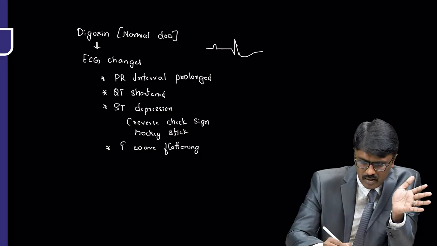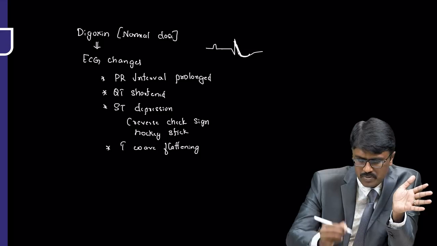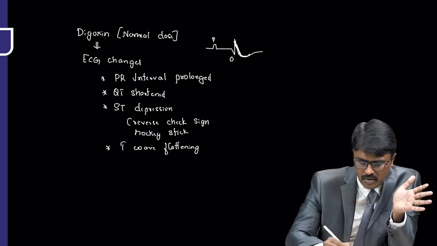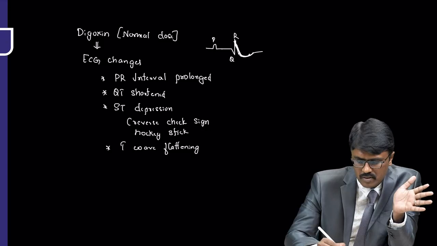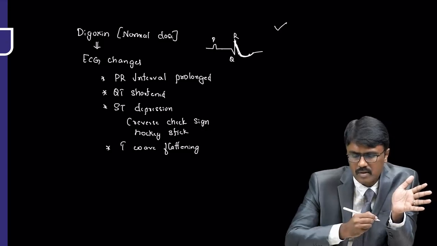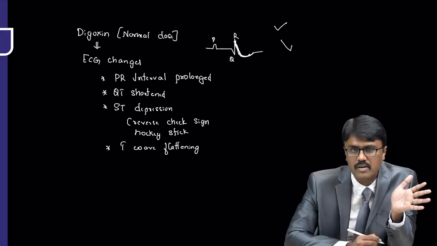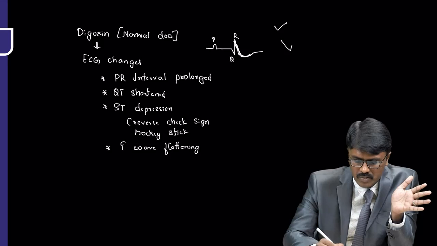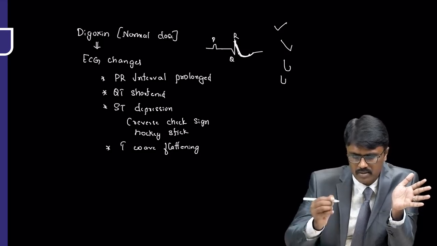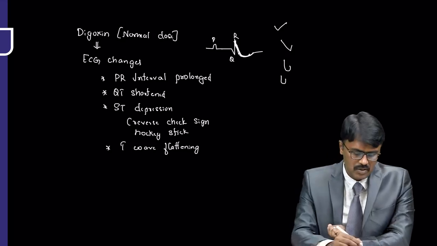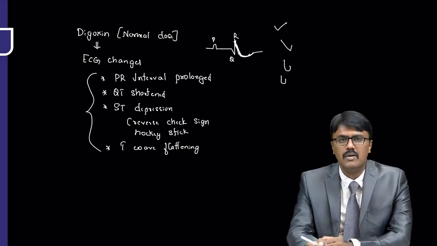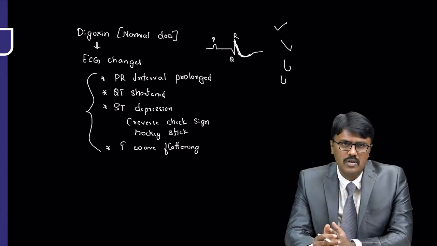It looks like the hockey stick, so it is also called the scoop sign. So it is P, Q, R, and the ST looks like this. It looks like the reverse check. Usually we write a tick mark like this, but it looks like this. That's why it is also called reverse check, or it looks like a scoop, or a hockey stick. So these are the normal ECG changes we see with a normal dose of digoxin.